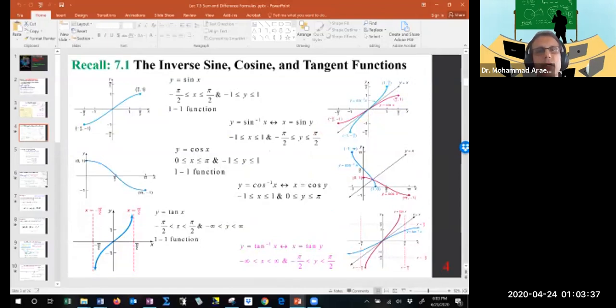Inverse functions, and the fact that none of the trigonometric functions is one-to-one. None of them has an inverse unless we restrict their domain. We did that. And in short, for sine, tangent, and cosecant, we go from negative pi over 2 to pi over 2. For the rest of them, we go from 0 to pi.